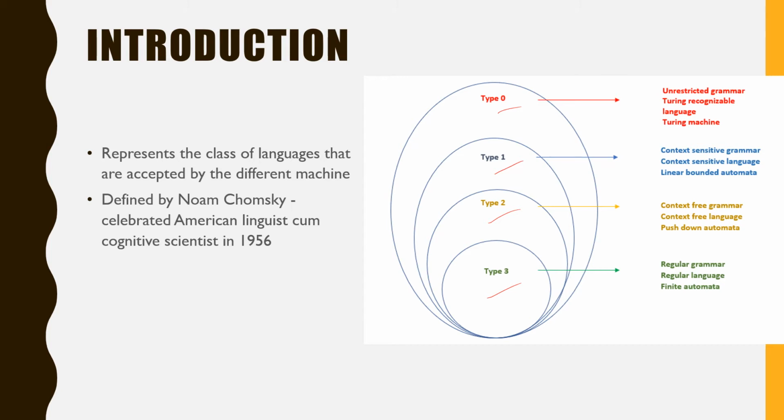Type 0 covers all the other 3 types of grammar. Similarly, type 1 covers type 2 and type 3 grammars, and type 2 grammar covers type 3 grammar as well.